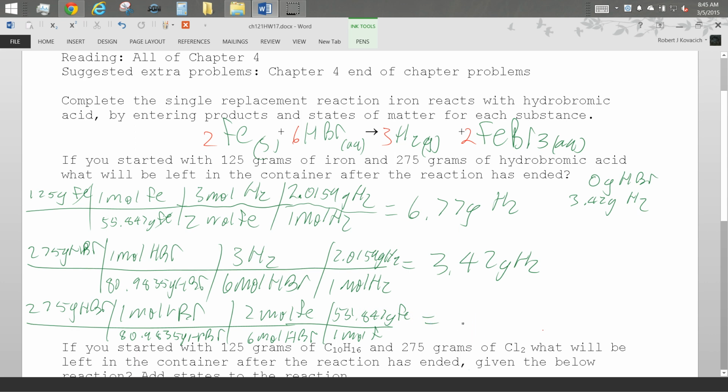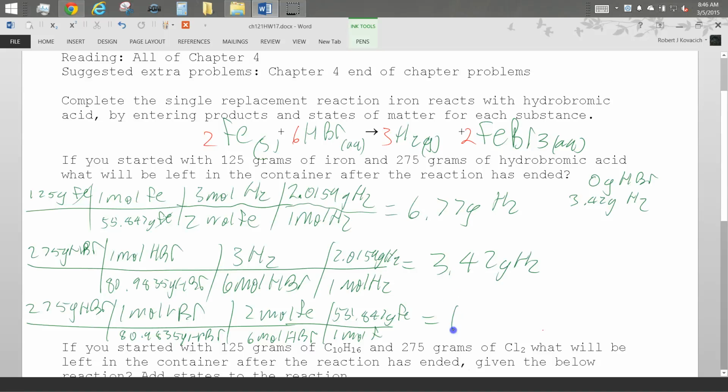So what is this railroad track telling us? Basically what's left. No, it's not what's left of the iron, it's how much iron was used. What this is saying is if I had 275 grams of hydrobromic acid, how much iron would I need to go along with that so the hydrobromic acid and the iron both run out at the same time?